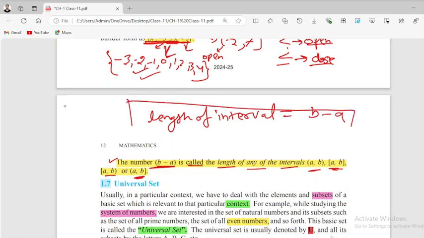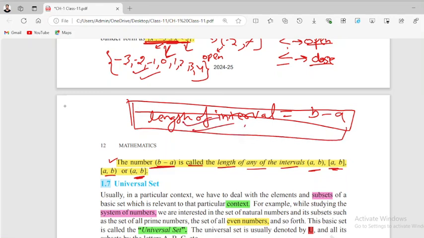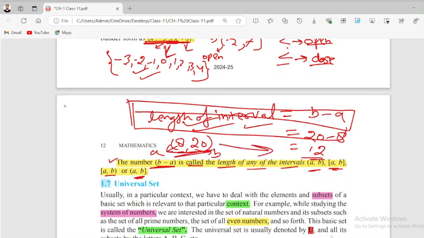This is basically the formula to find the length of the interval. Is it clear? B minus a. Suppose the value given is 8 comma 20. So this is A and this is B, but both are in the open interval, so we can put it here as 20 minus 8. So the length of this interval is equal to 12.